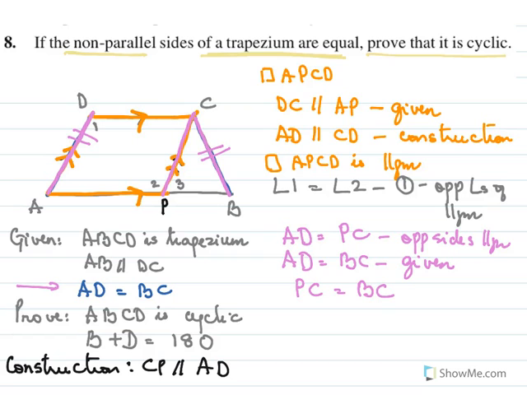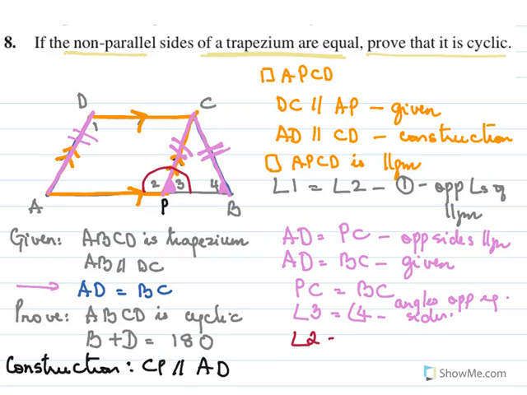If PC is equal to BC, so here we have PC equal to BC, so these two angles will be equal. Angle 3 will be equal to angle 4. These are angles opposite equal sides. We have a linear pair. This is 2 and 3 is a linear pair.